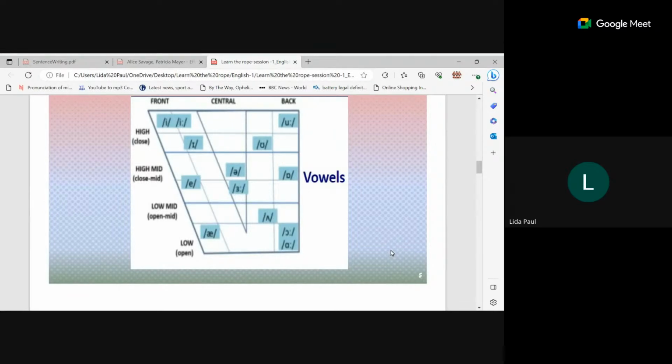The first distinction you see is under the front and the high column. So the front high vowel would be what? The short E and the long E. Both of them are high and front vowels. Now, you see another distinction.